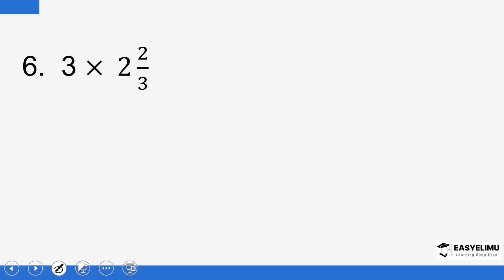So the last example is number 6. Again, you will have to change them to improper fractions. Like 3 here is 3 over 1 multiplied by this other one, 8 over 3. So again, you have to simplify first before you multiply. So 3 divides 3 once, 3 divides 3 once. Then you multiply now 1 by 8 and 1 by 1.